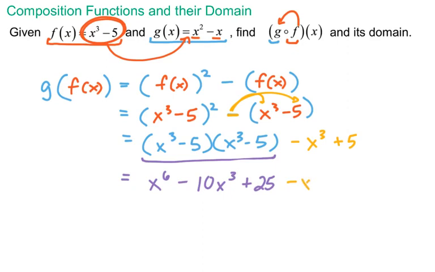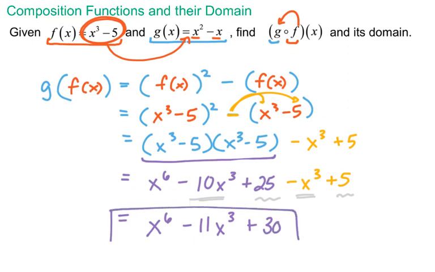So I still have my minus x cubed and my plus 5. Now we can combine like terms, and my final answer here is x to the 6th, negative 10 minus 1 is negative 11x cubed, and 25 plus 5 gives me plus 30. So this is the final answer for my new composition function.